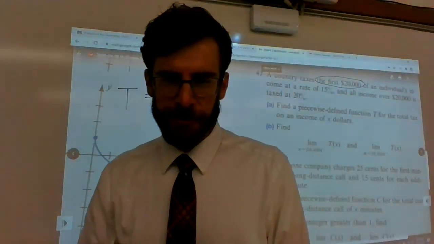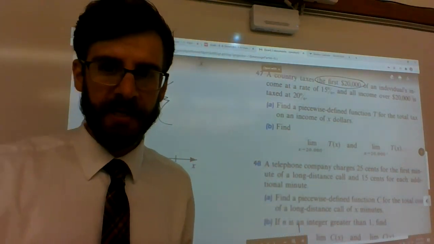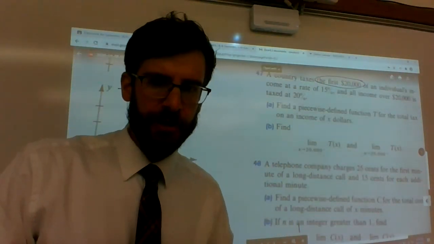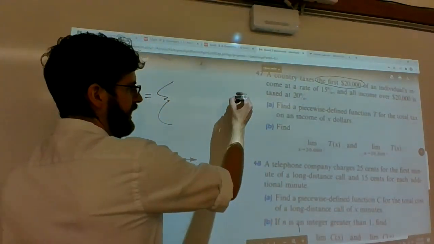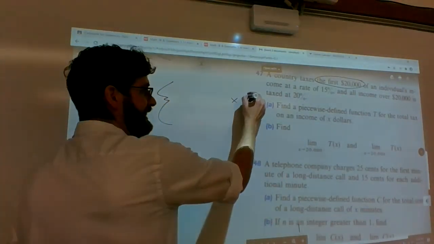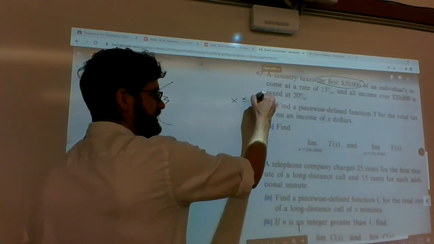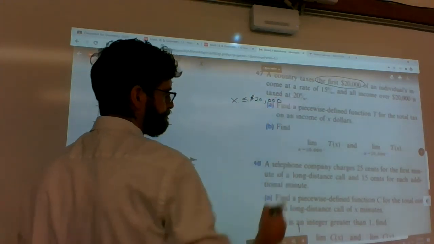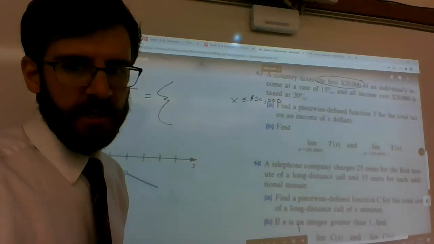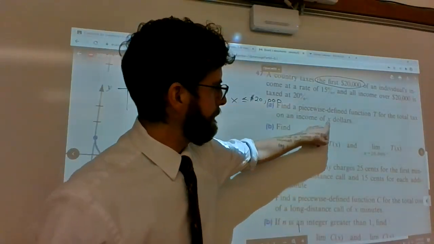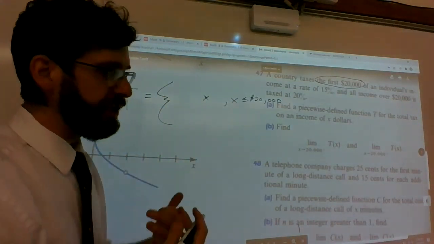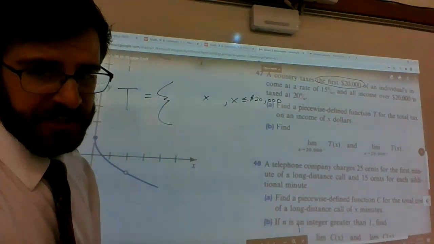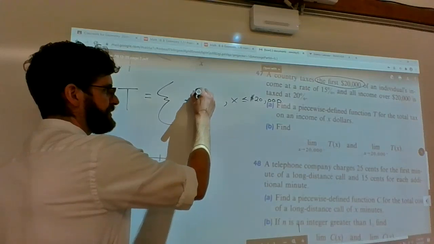It taxes the first $20,000, which means when you hit 20,000, you're stuck in that category of 15%. So we're going to say when you make less than or equal to $20,000, x dollars, the money you earn is just going to be taxed at a rate of 15%.